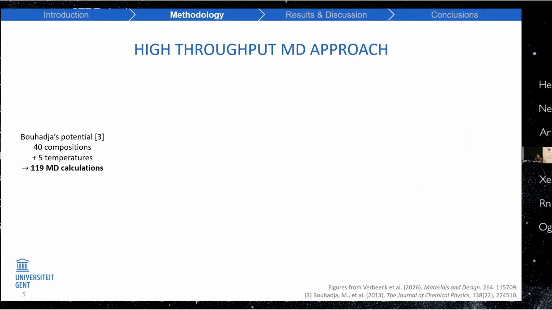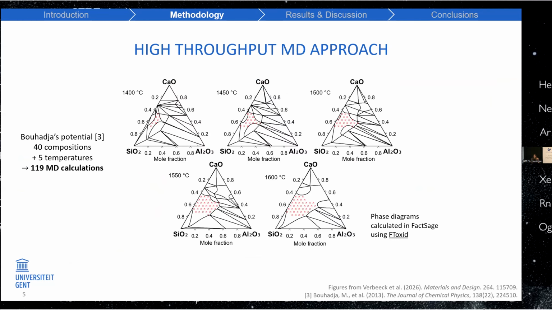So based on benchmarks on structural and transport properties, we selected Buhaja's force field, Buhaja's potential, and this we used to perform 119 MD calculations over 40 compositions and 5 temperatures. So for each of the red crosses on these phase diagrams, we did the simulations.